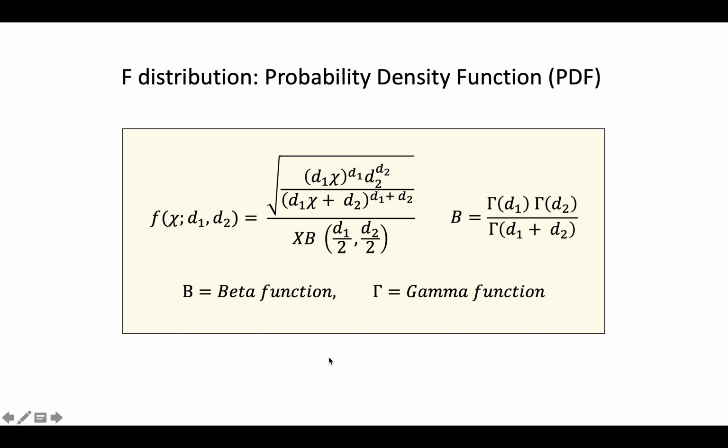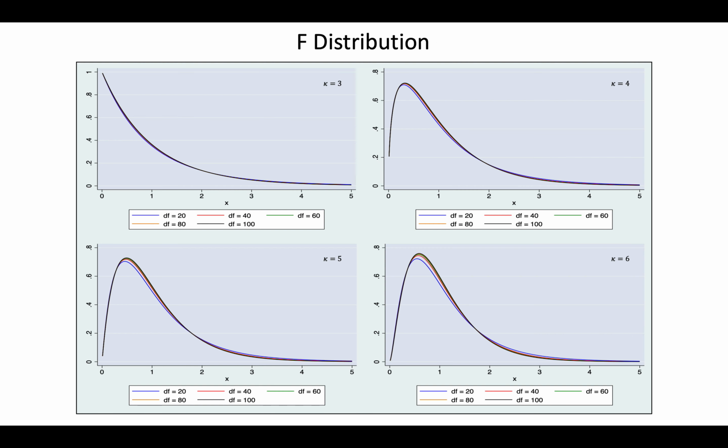It's a little bit more complex and involves some really complex functions, including the beta function and the gamma function. So the gamma function is here, and the beta function is represented here. It's quite complex, but I managed to represent this in this data, and this is what I obtained from this PDF.